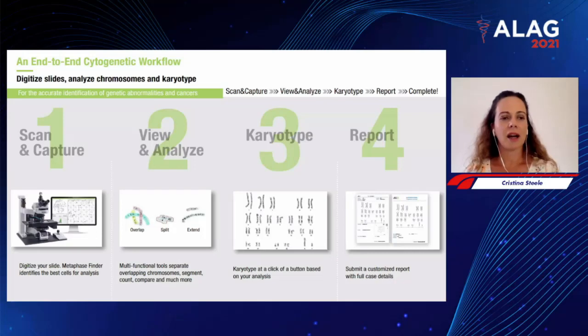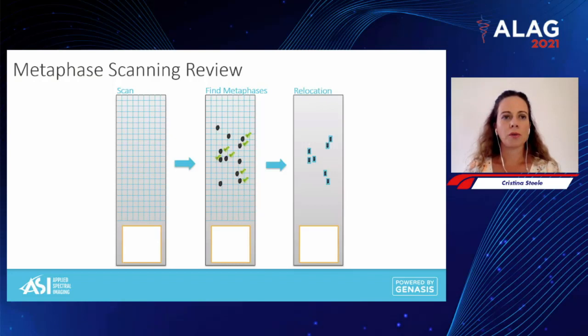And where we are today, metaphase automated finding, capturing, and being able to karyotype on the software. So an example, the metaphase scanner will go through on 10x, find all the metaphases and relocate to the specific number of metaphases it's designed to relocate to.